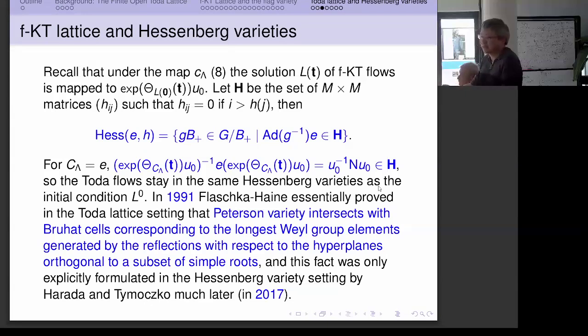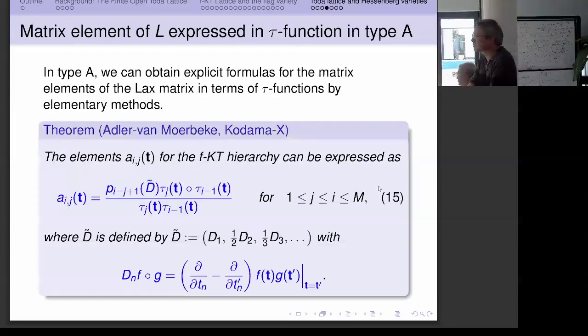They identified that there are 2 to the L of them, and this is exactly like, you take the sub-root systems, and then you take the longest Weyl group elements generated by the sub-root system, and that will give you a group of cells. It will hit exactly those. And as far as I know, this was only observed in Hessenberg varieties in 2017, so that's more than 20 years later.